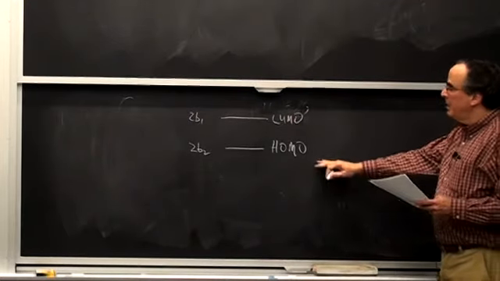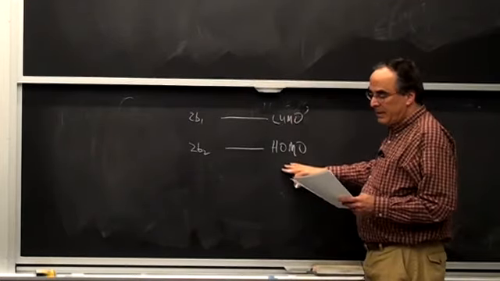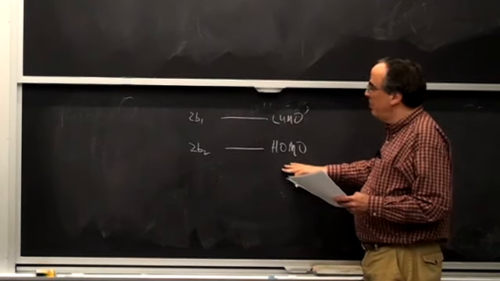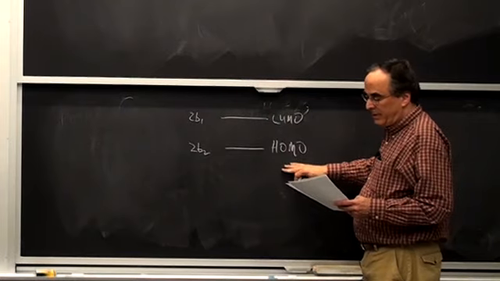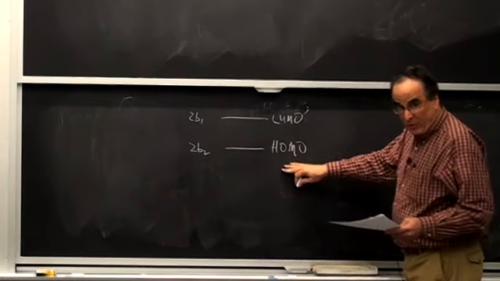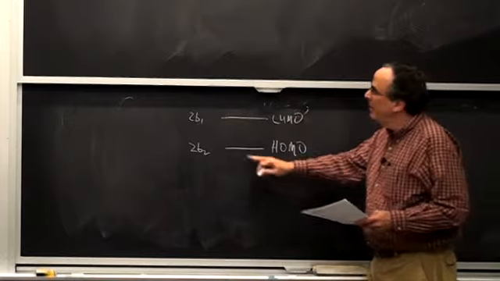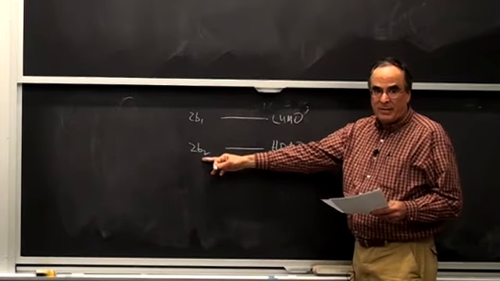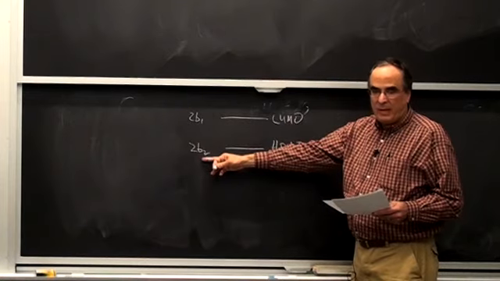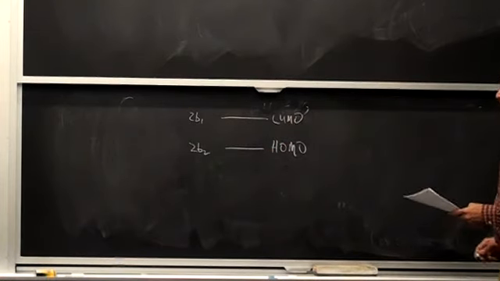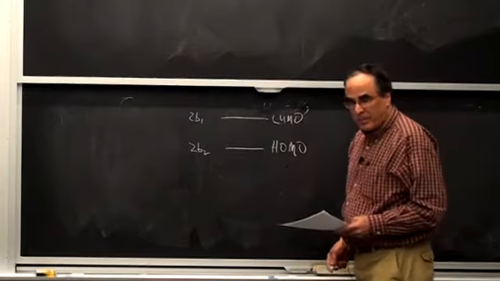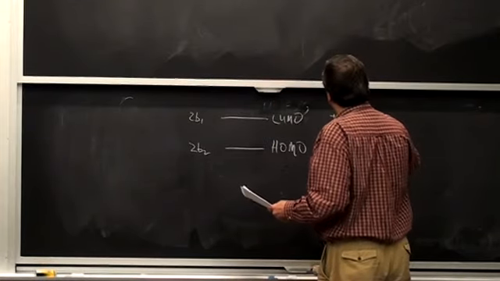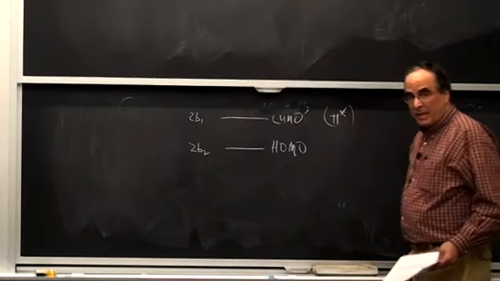Both of these are related to pi orbitals on both oxygen and CO. These labels came from looking at the planar and out-of-plane forms of the pi bonding and pi antibonding orbitals. So this is a pi star, an antibonding orbital.